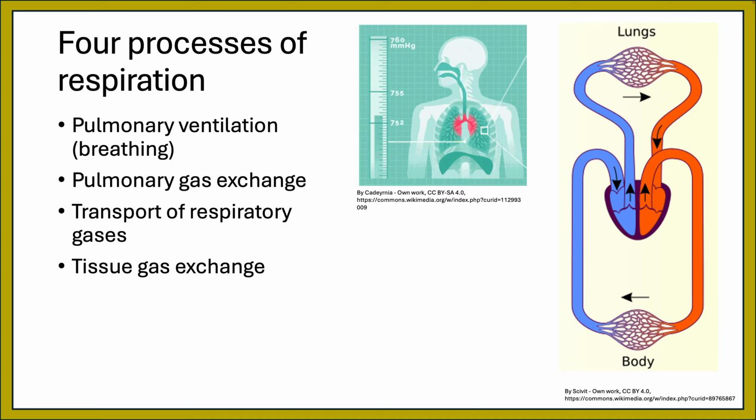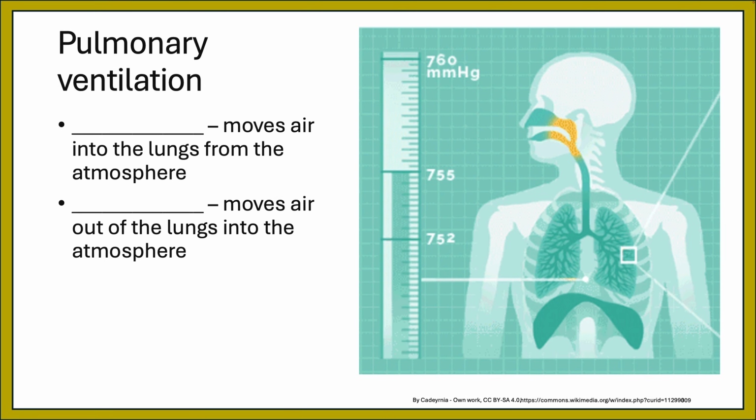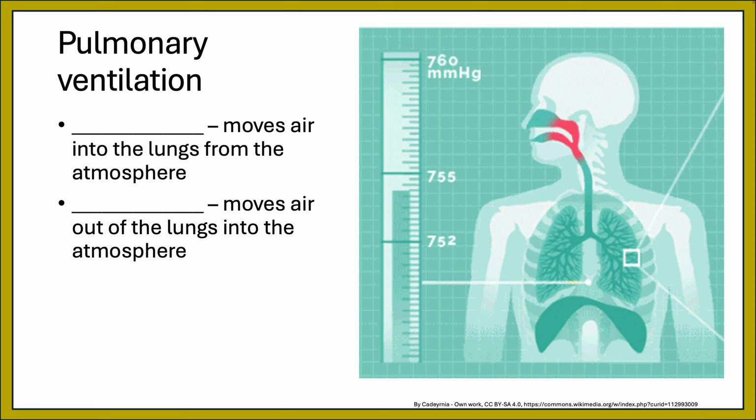These four processes include pulmonary ventilation, which is what you typically think of as breathing, pulmonary gas exchange, the transport of respiratory gases, and then tissue gas exchange. Pulmonary ventilation involves inspiration, that is the movement of air into the lungs from the atmosphere, and expiration, which is the movement of air out of the lungs into the atmosphere.